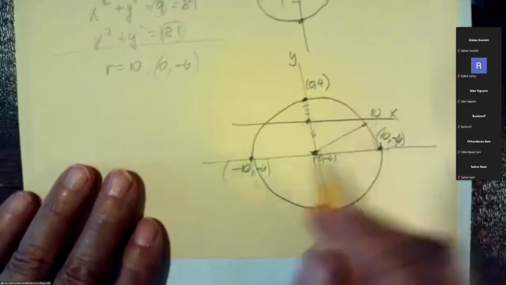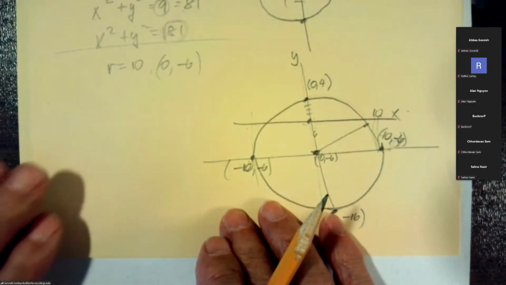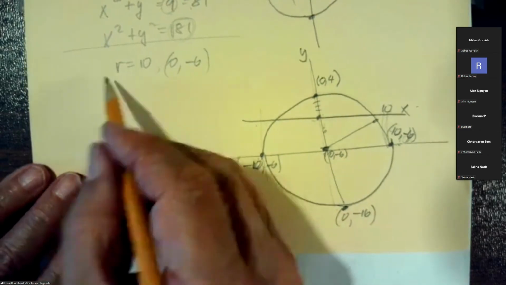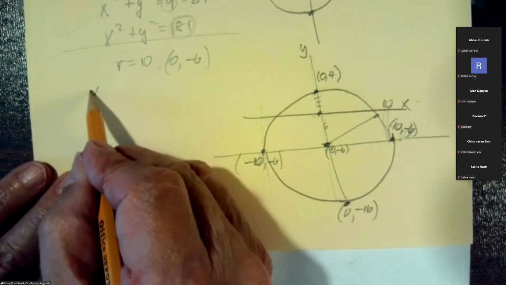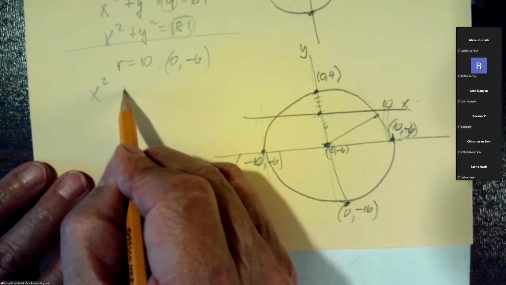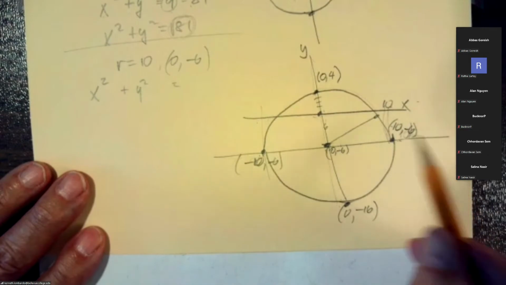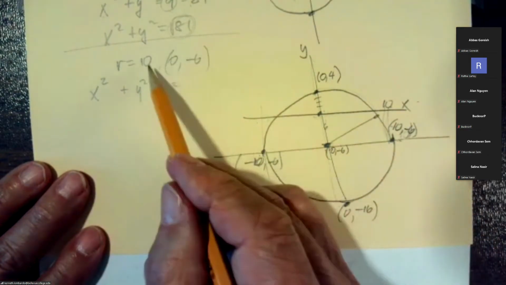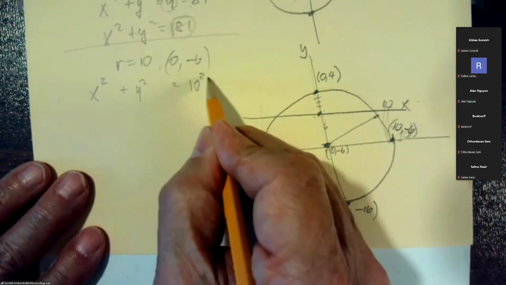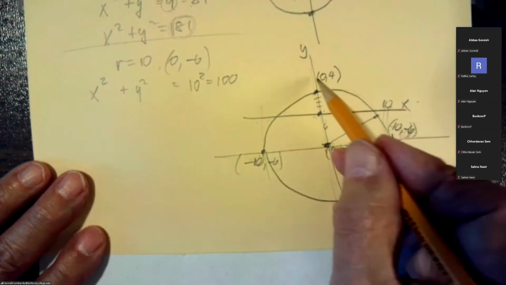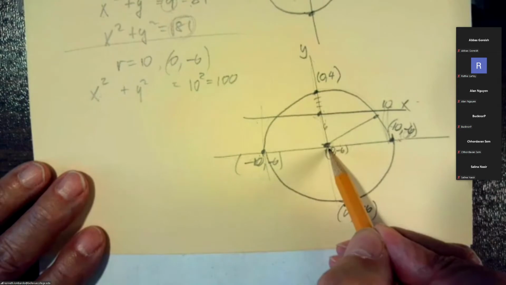And then if we're asked to calculate the equation of that, we say, well, the general form is x squared plus y squared equals the radius squared, and the radius is given as 10, so that's going to be 10 squared or 100. And then we want to move the center.